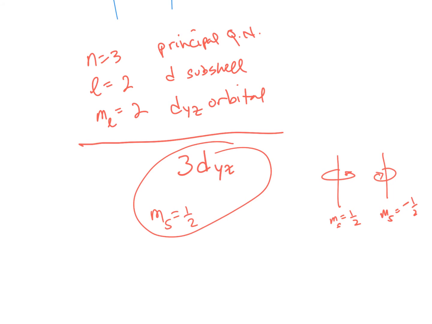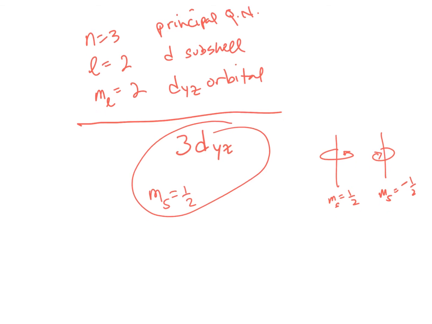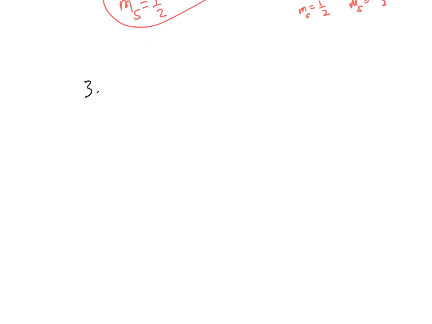All right, now the third question is, what is wrong with the following designation? n equals 3, L equals 3, M sub L is equal to 2, and M subscript S is 1/2. So the answer is that this is not correct.